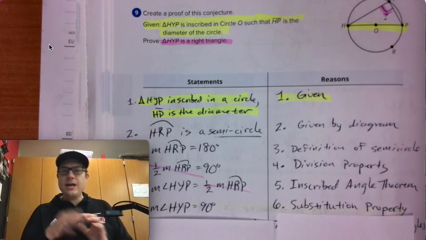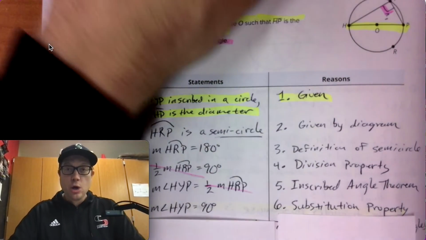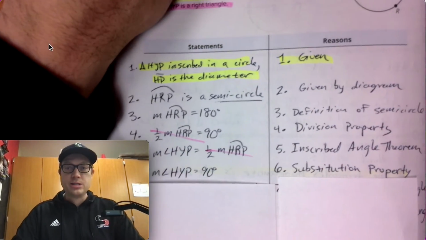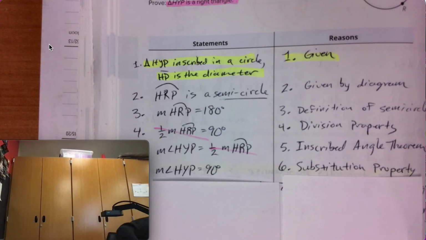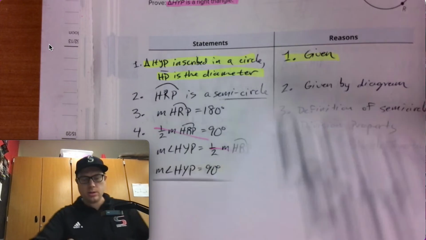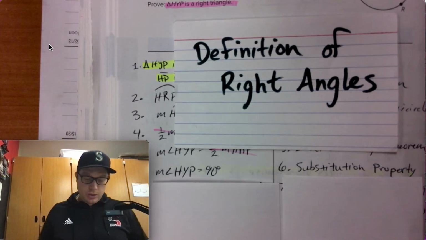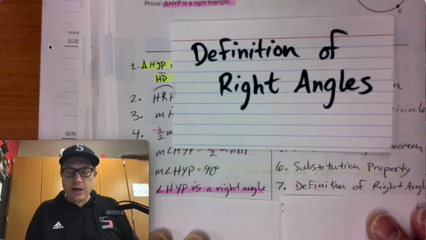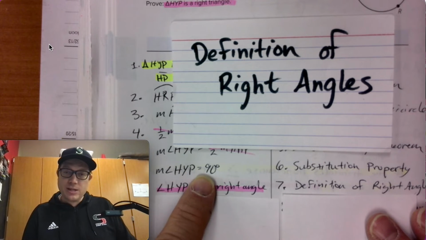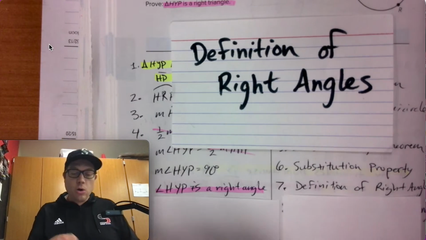All right. If an angle is 90 degrees, what does that tell you about its classification? It's probably a right angle. So let's actually say that angle HYP is a right angle. If HYP was 90 degrees, that makes it a right angle.